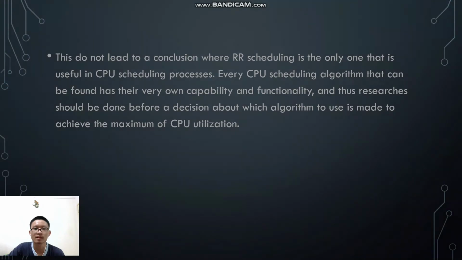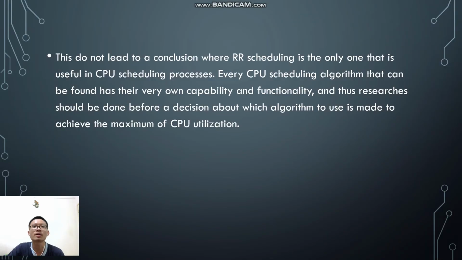However, this does not lead to a conclusion where round-robin scheduling is the only one that is useful in CPU scheduling processes. Every CPU scheduling algorithm that exists nowadays, such as first in, first out, FIFO, and also the others that can be found, has their very own capability and functionality.